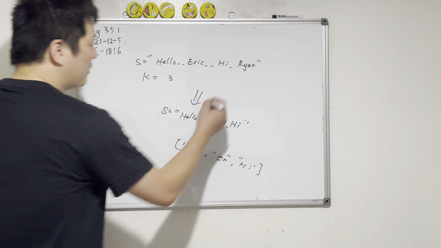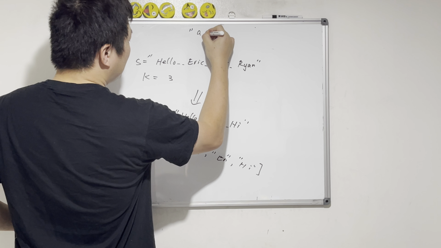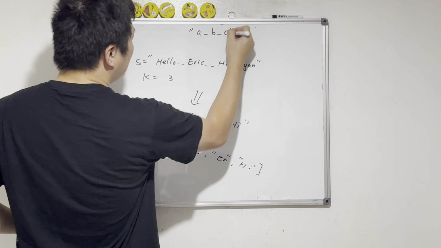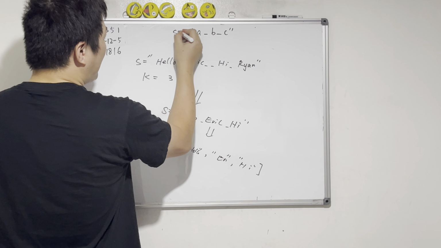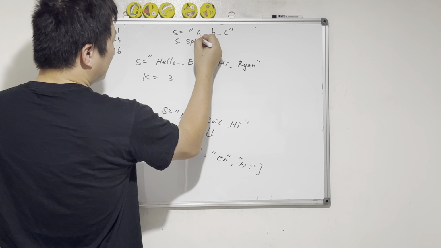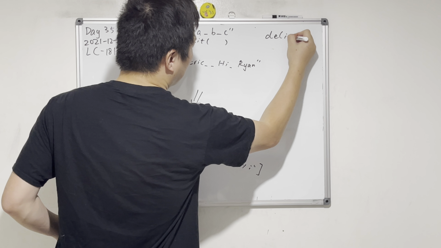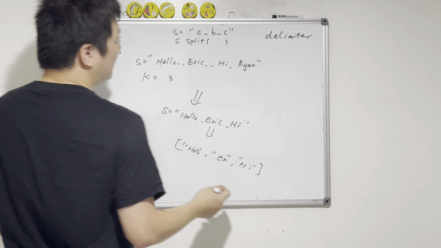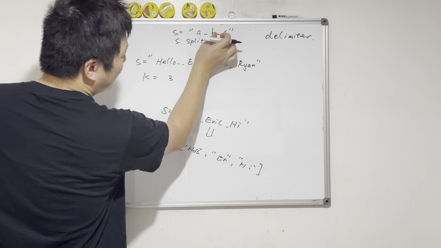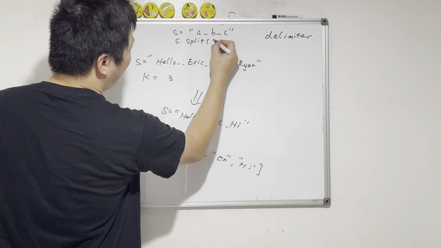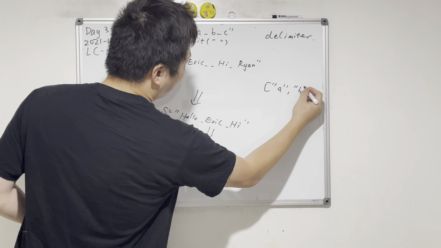If the string is A space B space C with single spaces, you can call S dot split with a delimiter. The delimiter means the single thing between the words. So you can split by a single space and get a list of A, B, C.